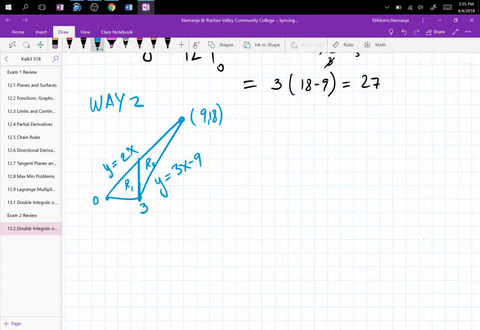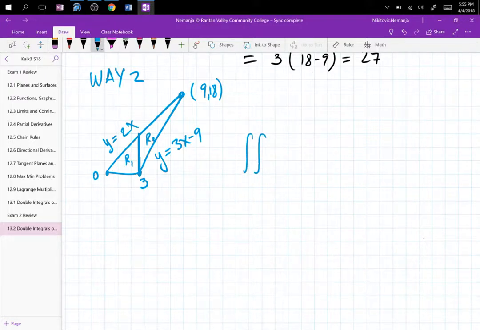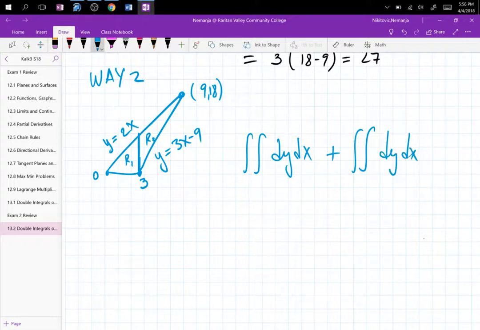And that's the reason why we have to have 2 double integrals here. So the first double integral for region 1 would be the double integral dy dx, right? Plus the second integral, also dy dx. This is for region 1, and this is for region 2.